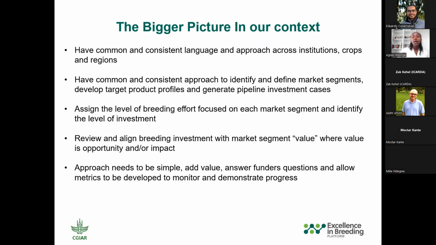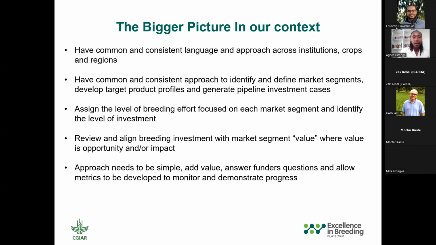In terms of prioritization, which market segments should have more priority over others, which are currently being addressed and which are not, which ones are receiving more effort than they should at the moment based on market trends, and which ones are not receiving as much investment as they should based on market trends.